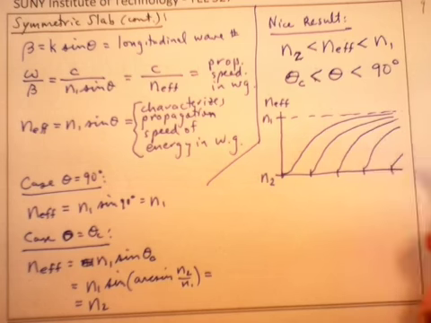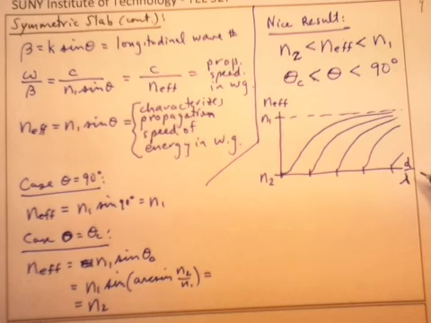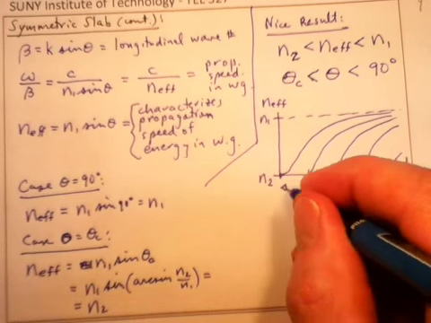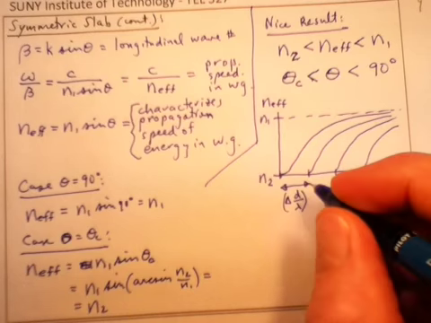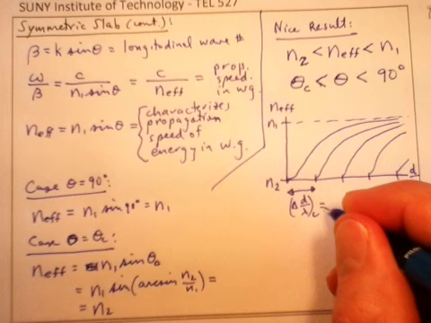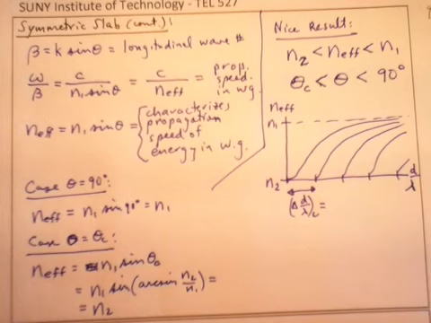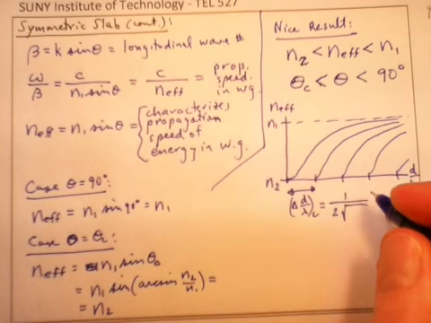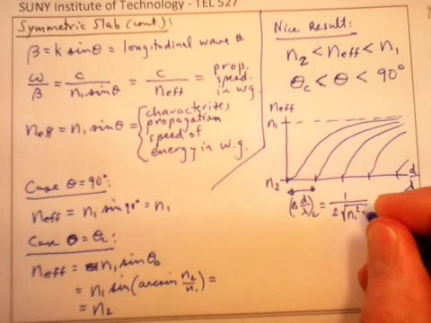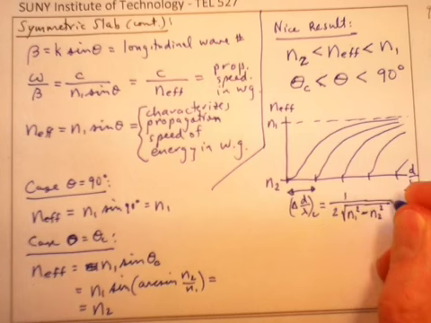Again, d by lambda is called the dimensionless or unitless waveguide thickness. Where this spacing is delta d by lambda at the critical value, which is 1 over 2 square root of n1 squared minus n2 squared. And these are all evenly spaced.